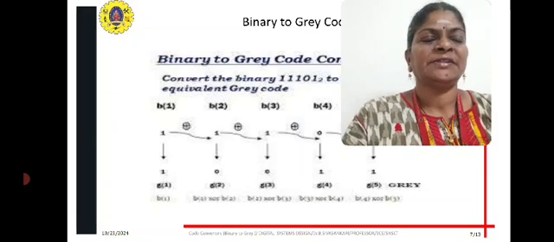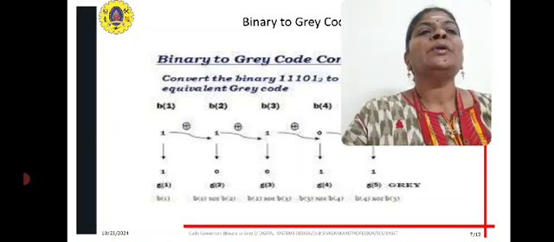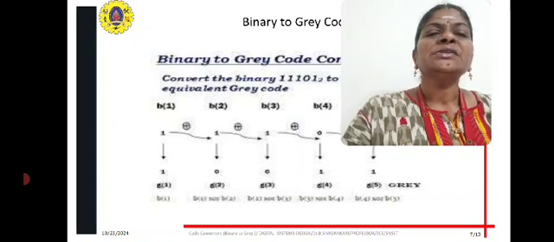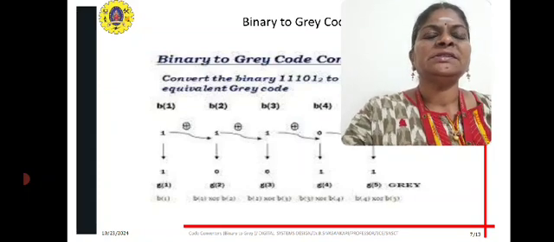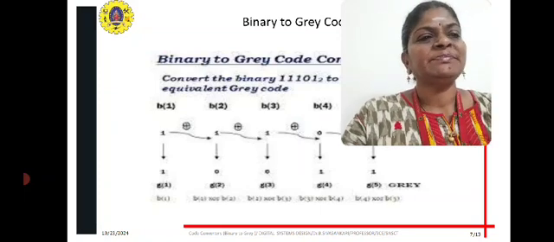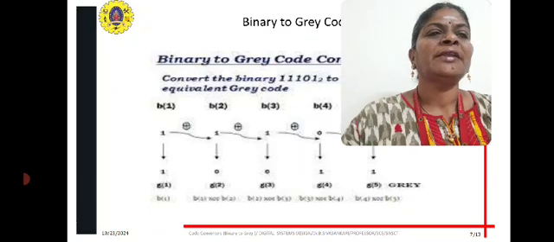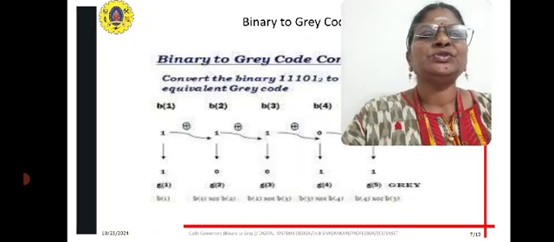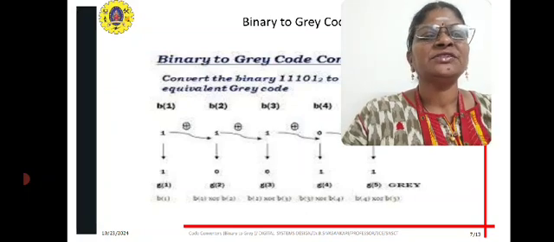This is your binary. From this binary we have to convert into gray. In this example 11101, let me consider B1, B2, B3, B4, and the conversion can be G1, G2, G3, G4.